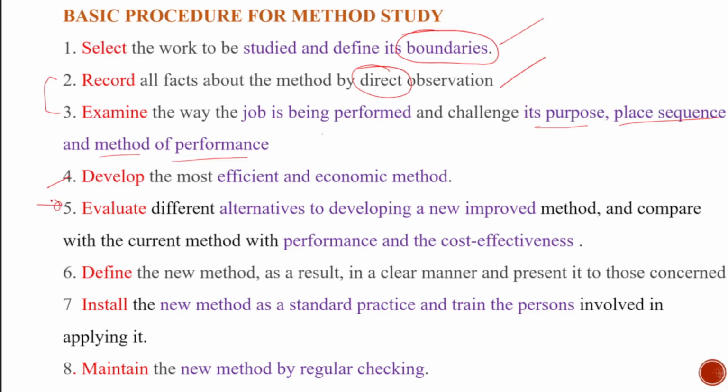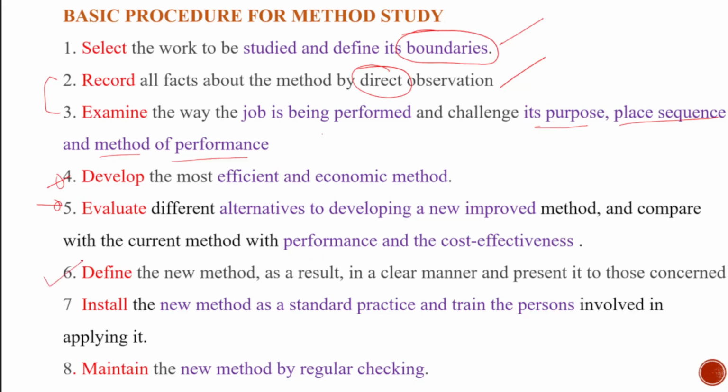Now, after developing the most efficient and economic method, in the evaluate part, we are comparing the new improved method with the performance and cost effectiveness of the current method.